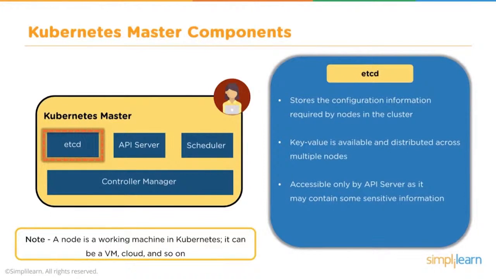So if we look at the Kubernetes master to begin with, we'll start with etcd. This is a tool that allows for the configuration of information and the management of nodes within your cluster. And one of the key features that you'll find with all of the tools that are managed within either the master environment or within a node is that they are all accessible via the API server.